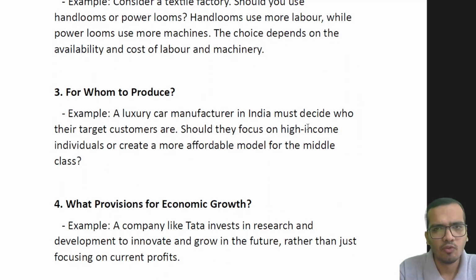Third, for whom to produce? Example, a luxury car manufacturer in India must decide who their target customers are. Should they focus on high income individuals or create a more affordable model for the middle class? So both are different customer segments. Both will have different spendings, the expectations will be different, and the profits will be different in both cases.